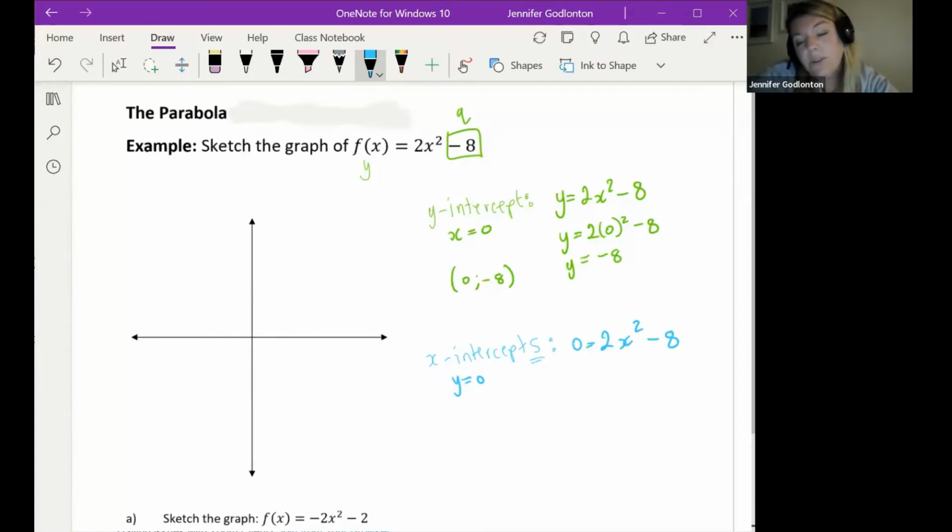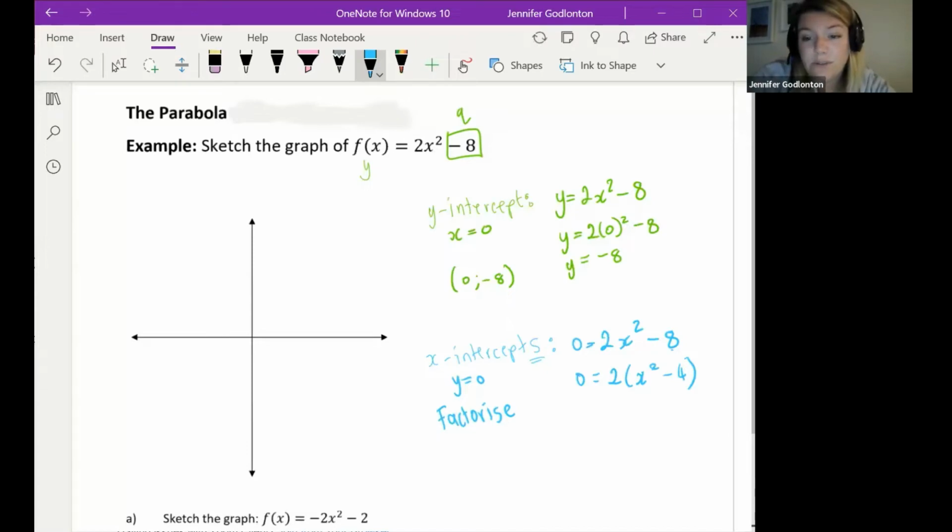Now, as soon as we are looking for the x-intercepts in a parabola, we're going to have to factorize. You're always going to have to factorize every time, okay? And if I was looking at this question, the first thing I would do is take out my highest common factor. So I'd say 0 is equal to 2 times (x squared minus 4). So that was taking out my highest common factor.